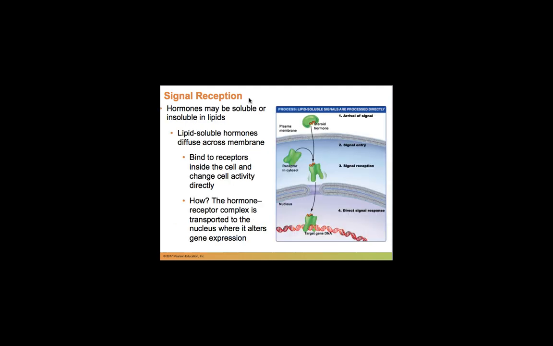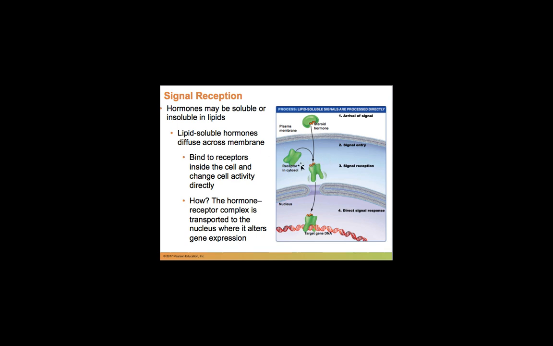So hormones may be soluble or insoluble in lipids. Our lipid-soluble hormones are able to diffuse directly across our plasma membrane. Remember that our plasma membrane is composed of phospholipids. These lipids are hydrophobic. What can pass through a hydrophobic material? Something else that is also hydrophobic, such as a lipid-soluble hormone. So our lipid-soluble hormone is able to directly diffuse through our plasma membrane and then enter the cytoplasm of the cell.